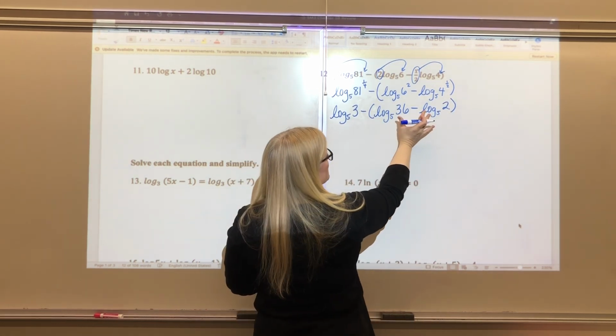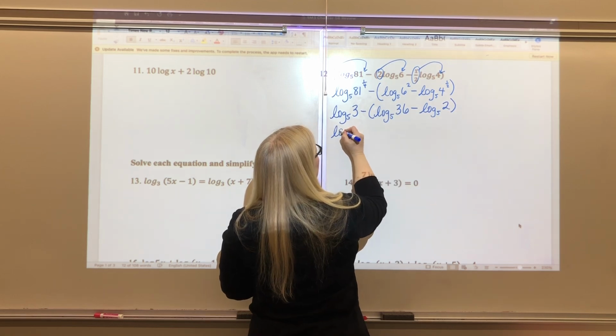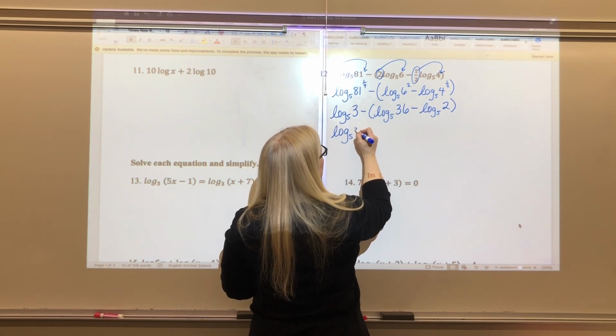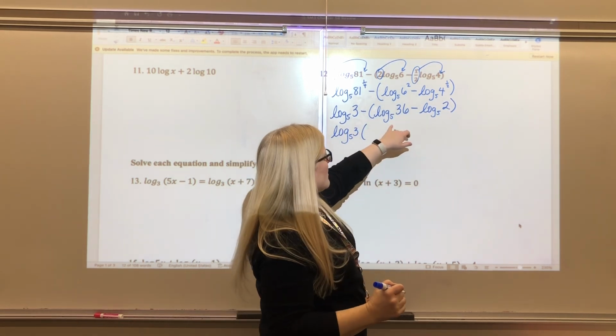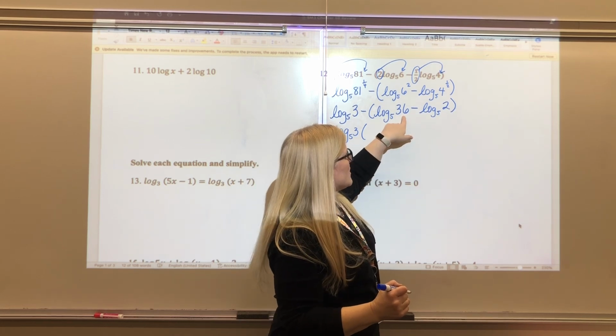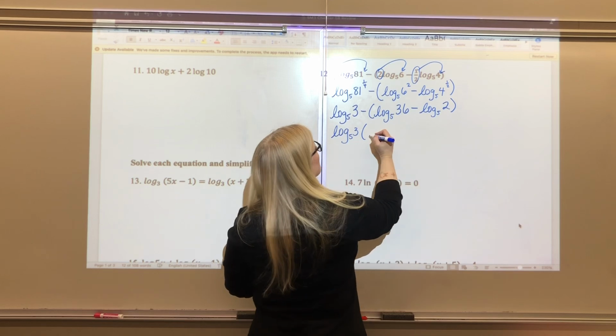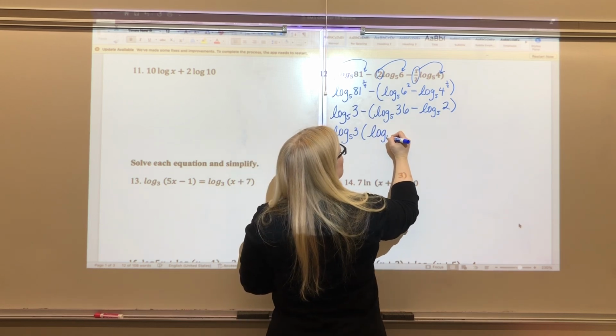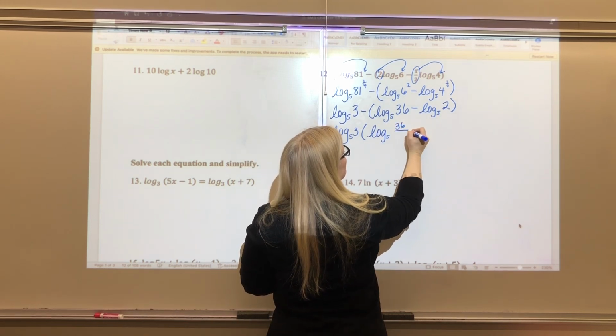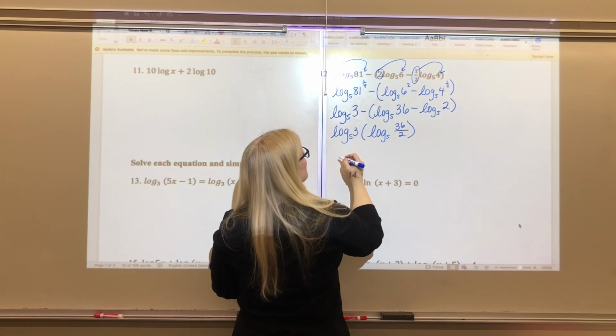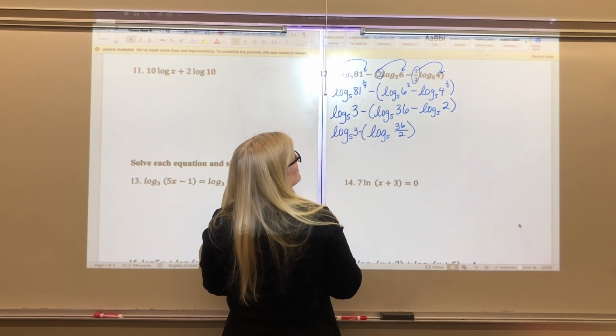Okay, now I'm still staying in the parentheses. Same base. I've got 36 here, 2 here, and it's a minus, so I'm going to divide. So log base 5, 36 divided by 2. Oops, I should probably put that minus in there.